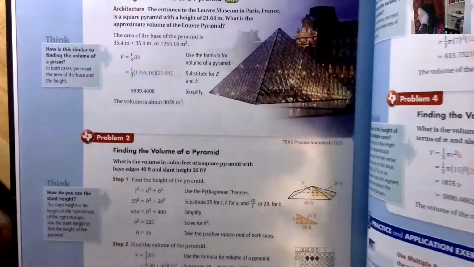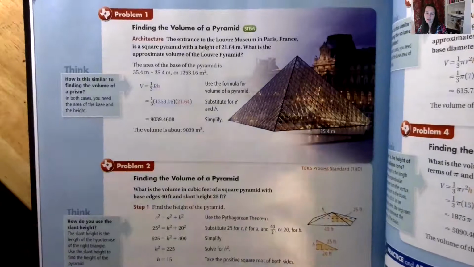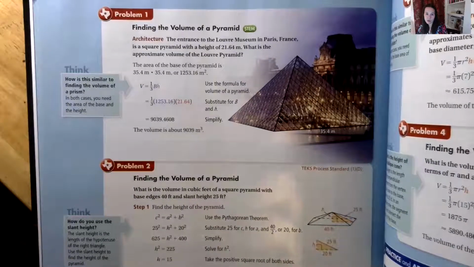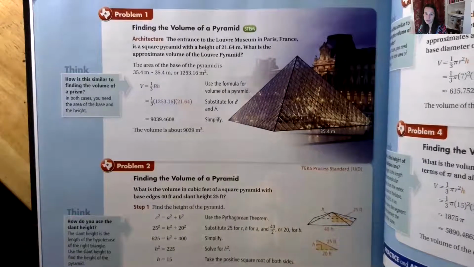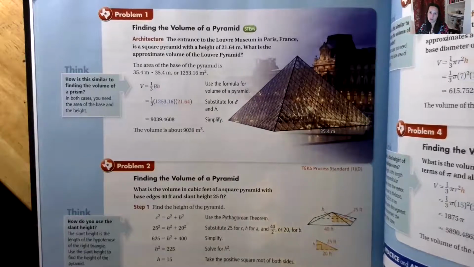In this case, we're looking at the pyramid for the Louvre. That's French, and I probably said it wrong. In Paris, France. So square pyramid with a height of 21.64 meters. What is the approximate volume of the Louvre pyramid?